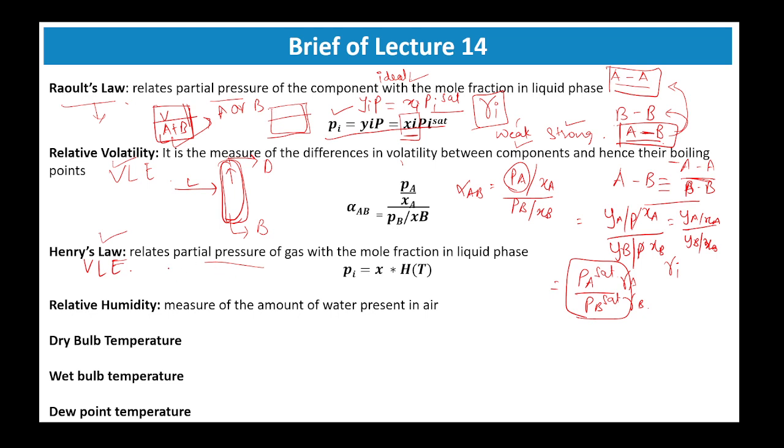One of the best examples of a sparingly soluble gas in liquid is carbon dioxide, in carbonated drinks or any soft drink we drink, in which carbon dioxide is dissolved in the liquid, in very small quantity. So what is the amount of pressure that it will exert? That Pi is related to X, the mole fraction in the liquid phase, times the Henry's constant.